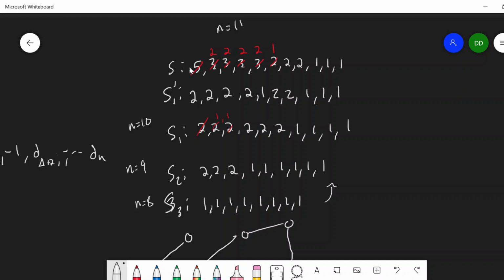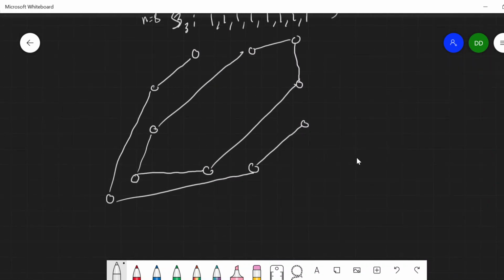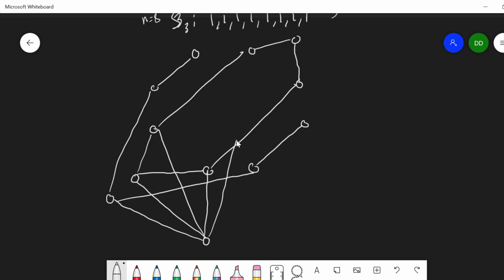And now look, we add a vertex of degree 5 to the vertices of degree 2. So a vertex of degree 5 to the vertices of degree 2. 2, 3, 4, 5.